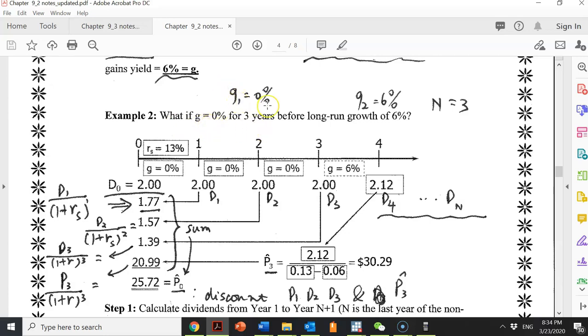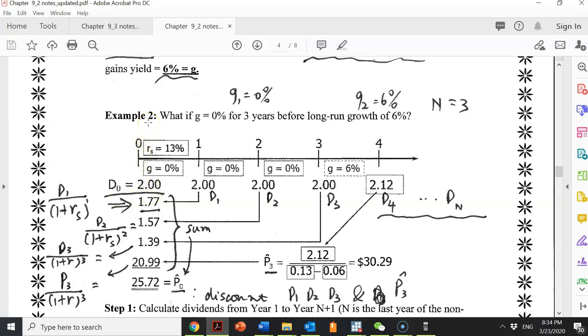So G1 becomes 0%, and our long-term growth rate in the second stage is 6%. So G2 is 6%. N is still 3 and R is still 13%. D0 is still $2.